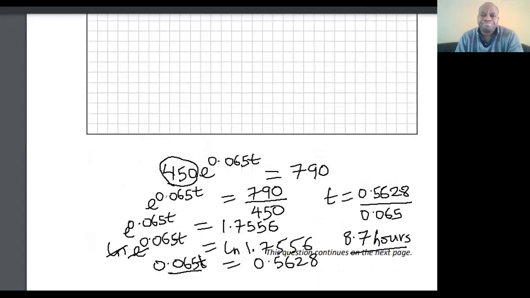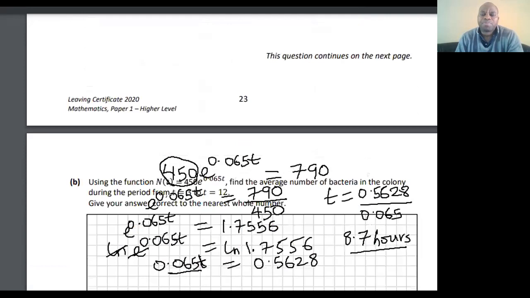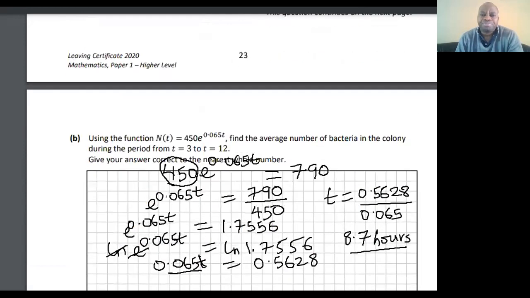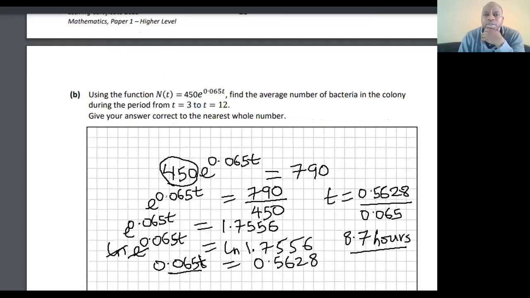Now we move to the next question. So now, using the same function, the growth of the bacteria, find the average number of bacteria in the colony. Now, this is very, very important. This is the reason why students miss these things.